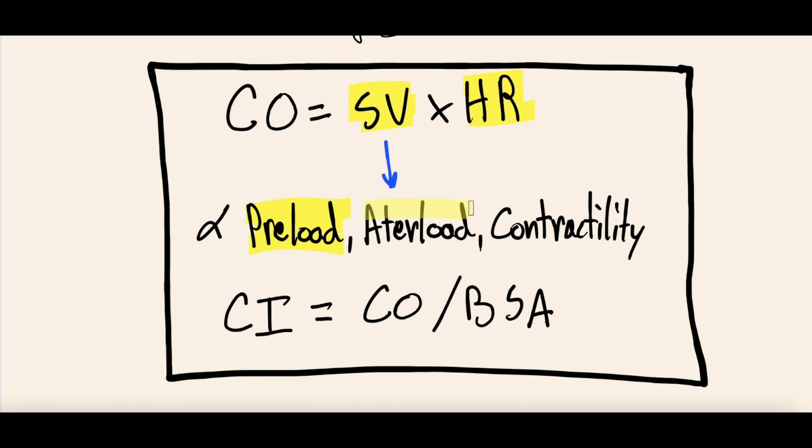It's proportional to the afterload, which is the pressure that the heart is actually squeezing against, and the contractility, which is how forcefully that ventricle actually does contract, times the heart rate, which typically as the heart rate gets higher, the cardiac output will increase, but just do remember, as we mentioned, there is a peak effect where faster heart rates don't allow the ventricle enough time to fill and actually will decrease the cardiac output.